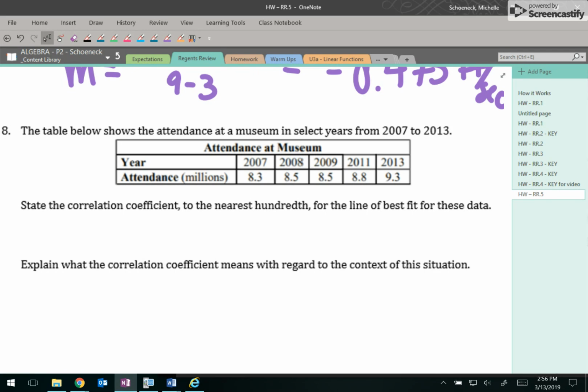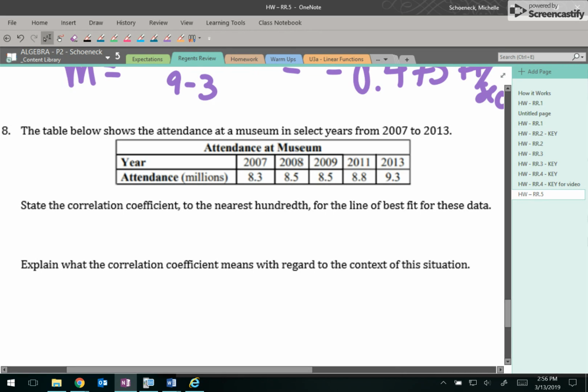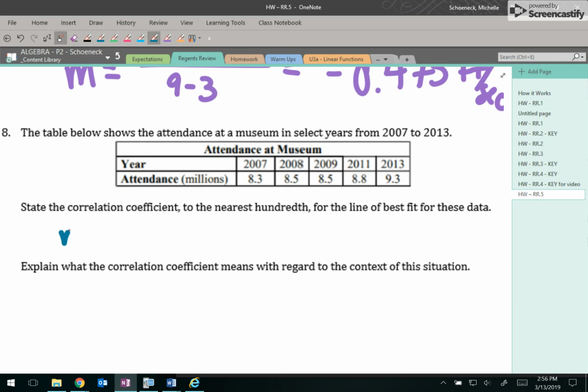And then I'm going to stat calc, and I'm doing number 8 because it's a line of best fit. And I want my R value on my screen here. I see that R is 0.9745, but I want to round to the nearest hundredth, which is that decimal place.